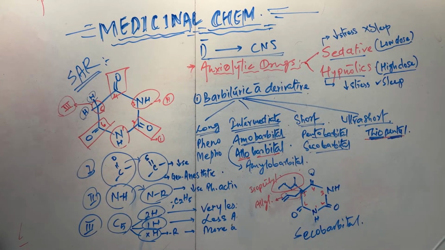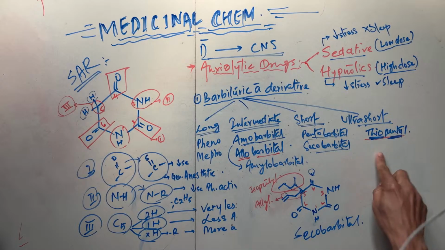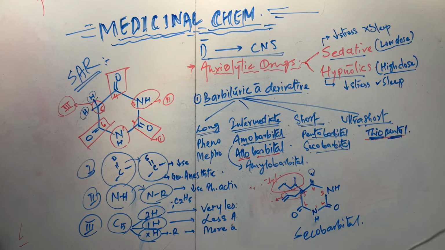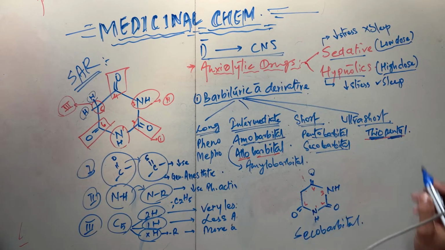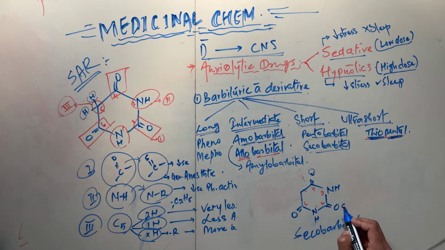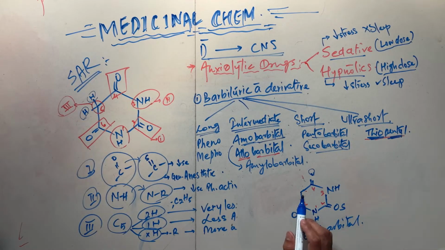Again, thiopental. Already I have shown you the thiopental structure. In that also barbituric acid structure, that is basic structure, that is structural scaffold, it will be as it is. The modification will be at 5th position and 2nd position. So in 2nd position, what will happen? Thio means sulfur, so you will see one sulfur there, and pental means 5 carbon structure will be there, or pentyl group will be there.